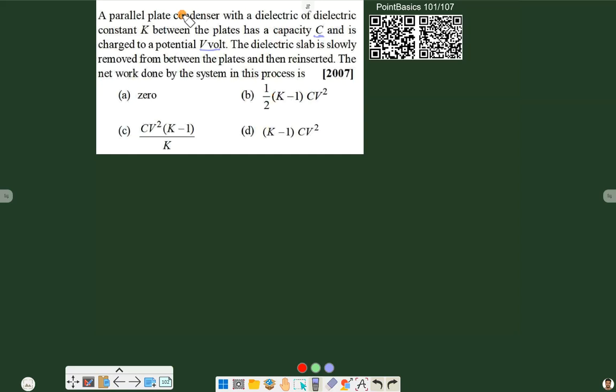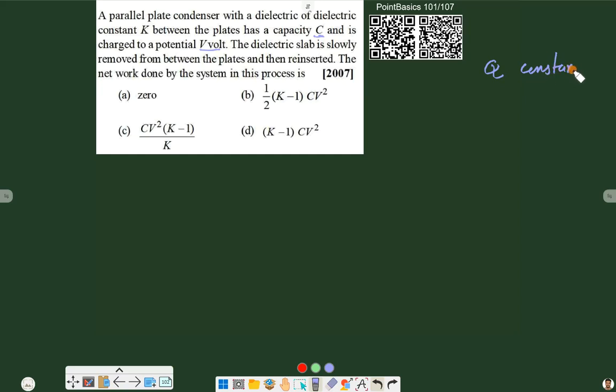As it is charged and then disconnected from the battery, because it is never mentioned that it is kept connected to the battery. It is only mentioned that it has a dielectric constant K, capacity C, and is charged to a potential V volt. It is charged and now disconnected. So if it is charged, Q will be constant.